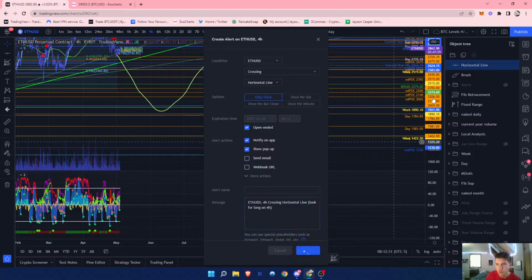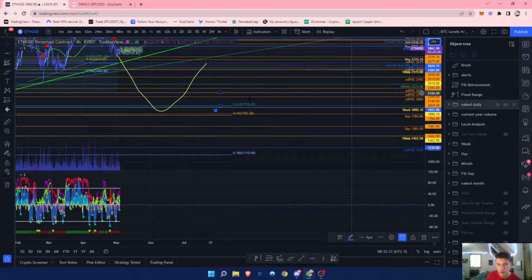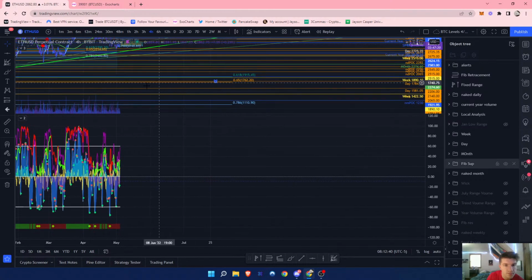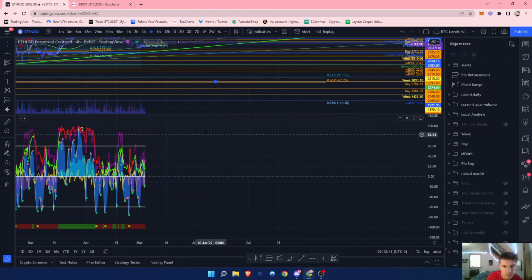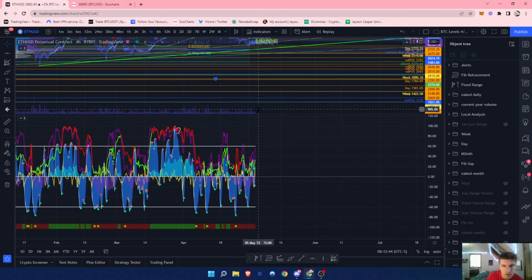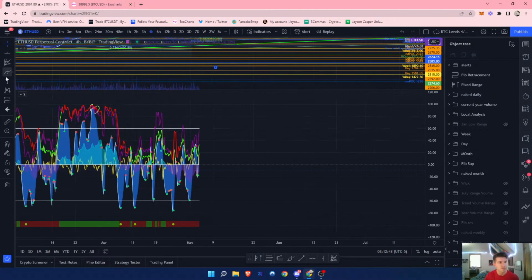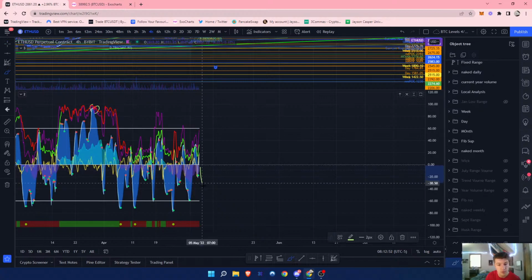Look for long on 4 hour. I'll show you what I want to see. Again, just a 4 hour divergence on Market Cipher. So again, this is a very long move down, so we might get a pretty big anchor wave, and then we'll get a small trigger wave, or a medium-sized trigger wave.